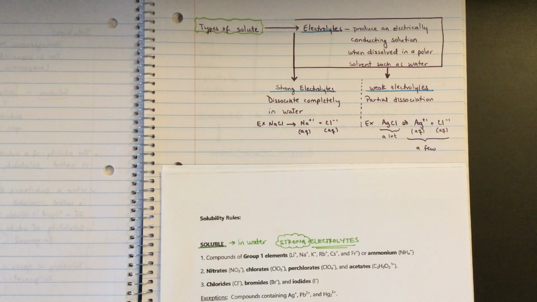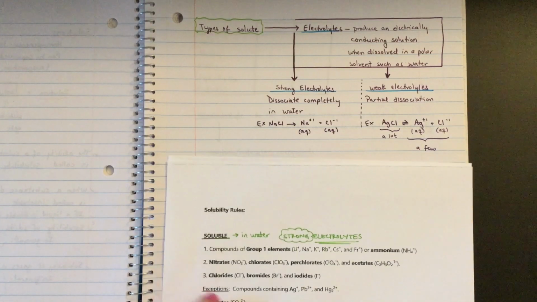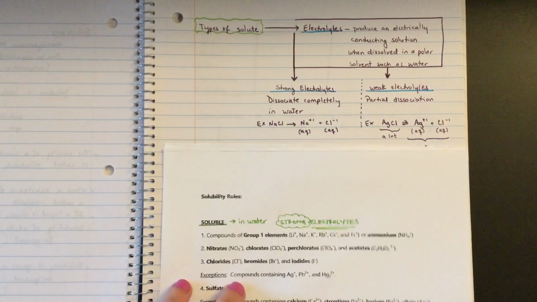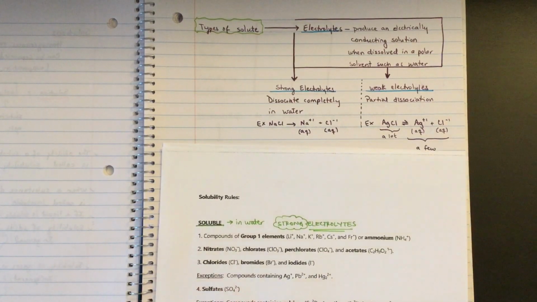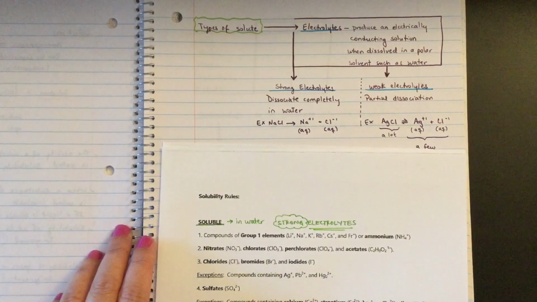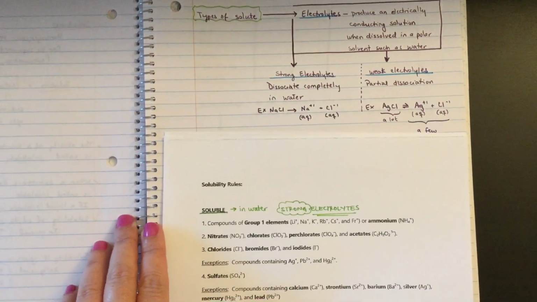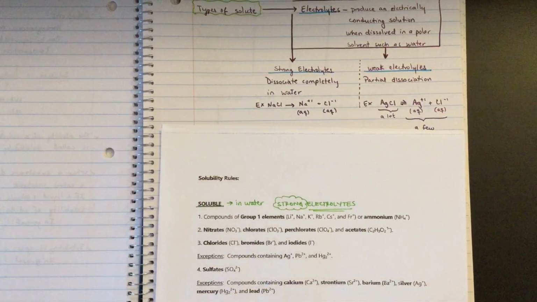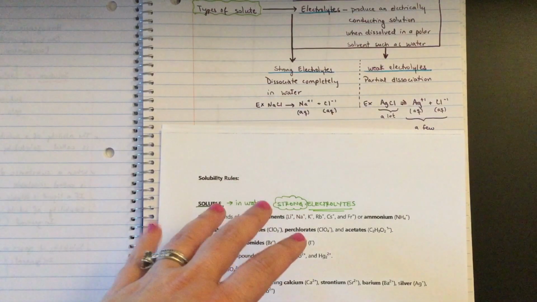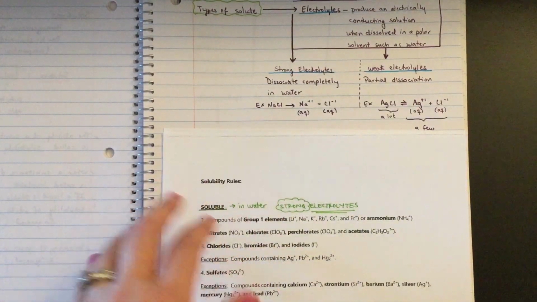And then we have the solubility rules right here. The solubility rules will help you to determine which type of electrolyte a compound is, strong or weak. All of them are actually electrolytes. You just use this one to determine if they are weak or strong electrolytes.